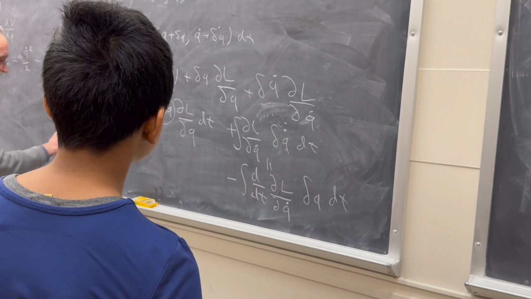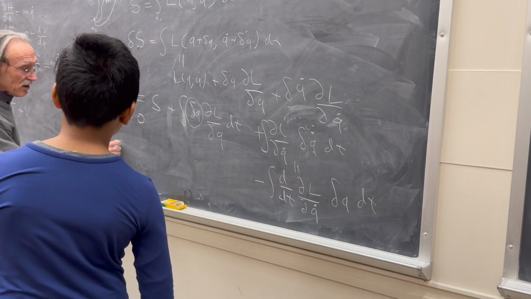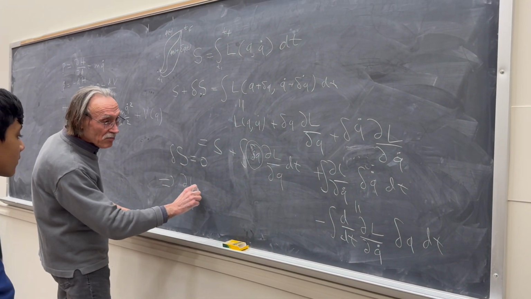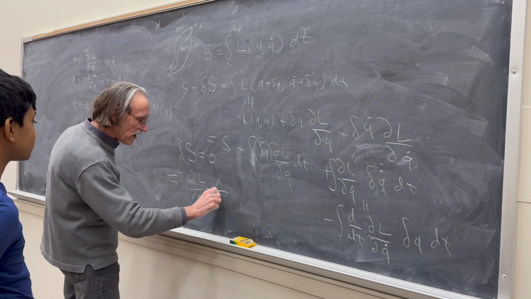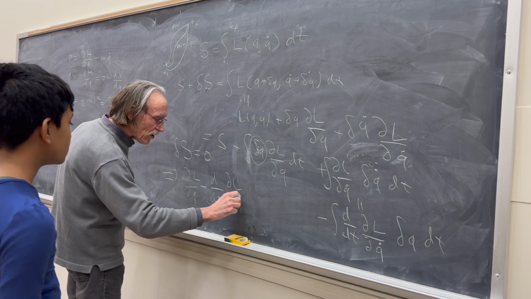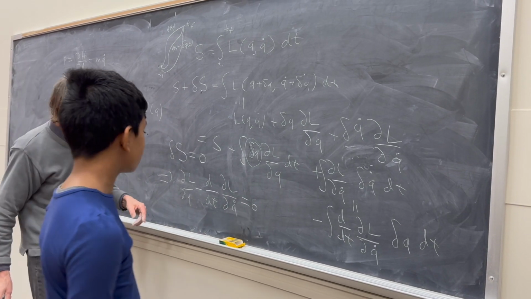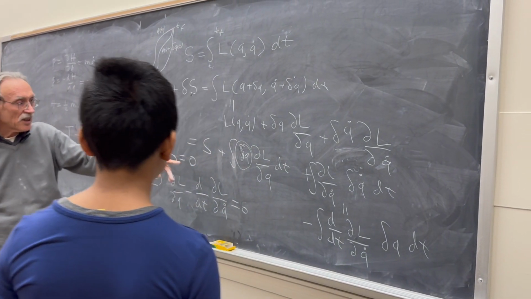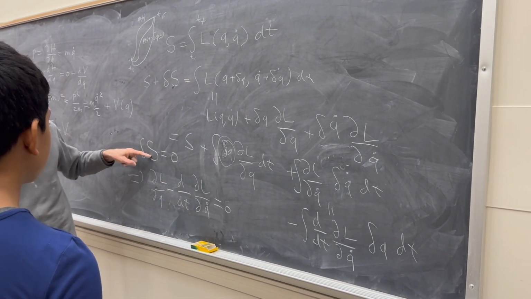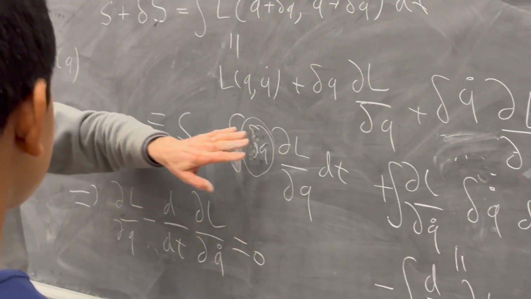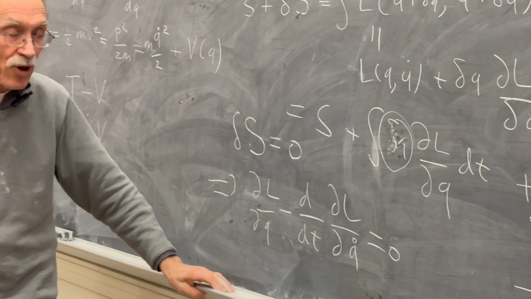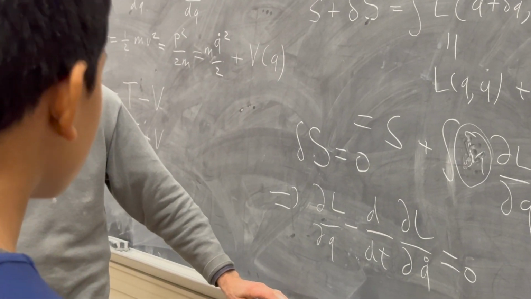So this means that dL/dq minus d/dt of dL/dq dot is equal to 0. If this is the case, this variation vanishes for all variations delta q. And these equations are known as the Euler-Lagrange equations.